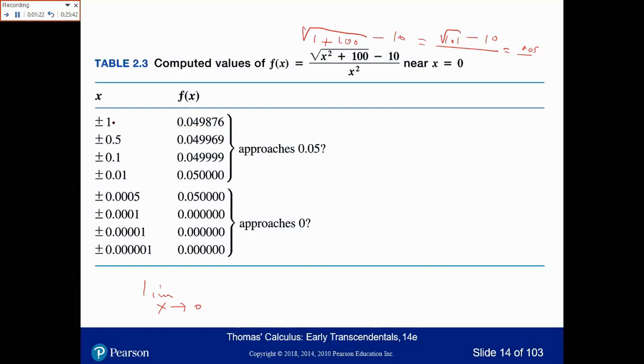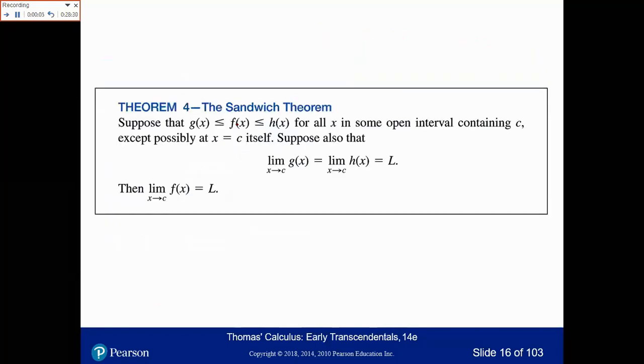Now reduce from 1 to 0.5, negative or positive, because we're doing the square root anyway, so it doesn't matter. When you reduce it to 0.5, you look, the number will start going down. f of x is between g of x and h of x. It will be greater than g of x, but it will not be greater than h of x.